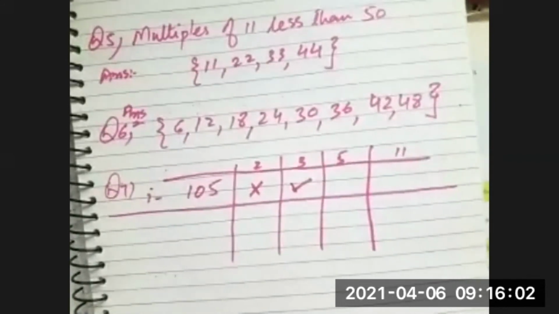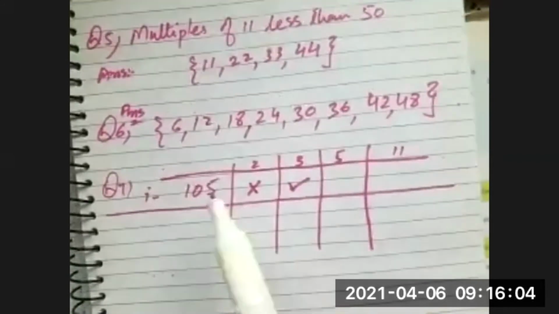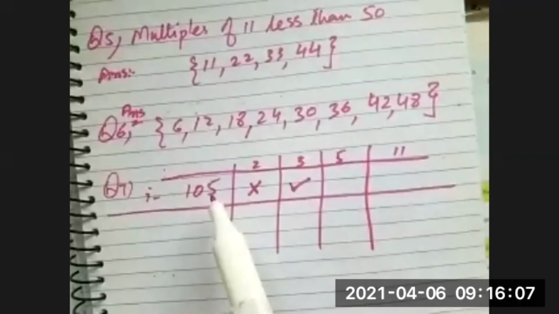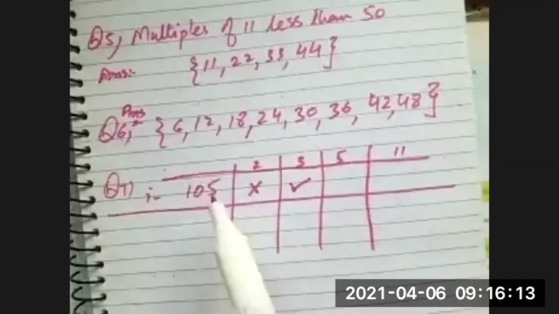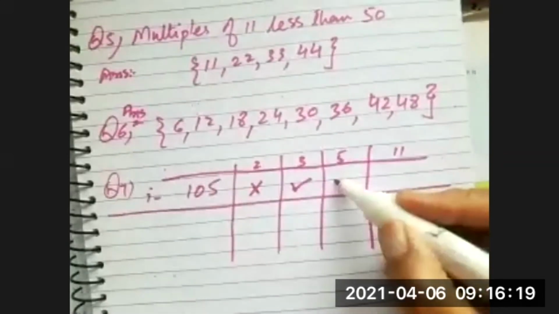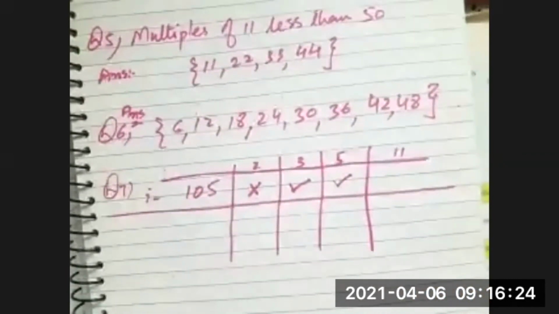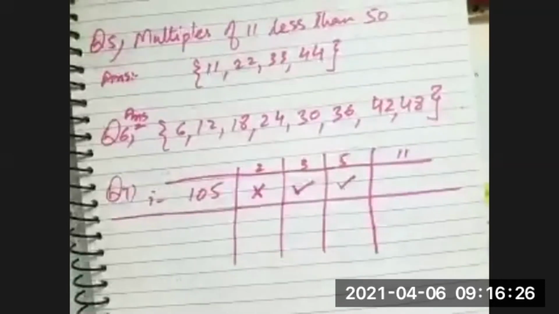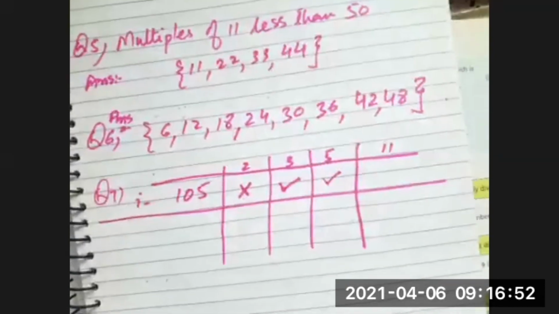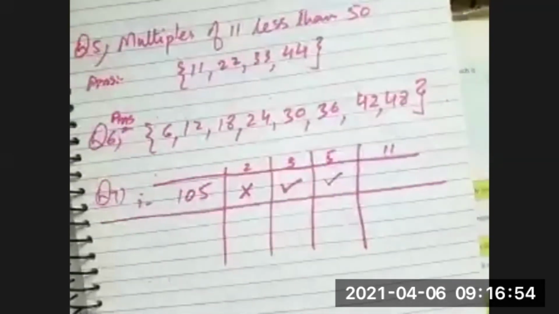105 is divisible by 3. What is the rule for 5? If there is 5 or 0 in the unit place of a number, the number is divisible by 5. So can you see 5 in the unit place? Yes, there is 5 in the unit place. So you can say easily that 105 is divisible by 5. Okay, now the divisibility rule of 11.